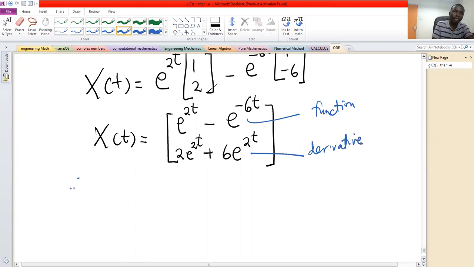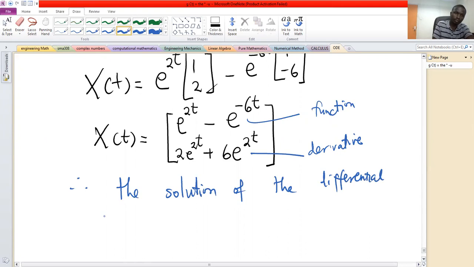So therefore, the solution of the differential equation is x of t is given by e raised power 2t minus e raised power minus 6t.